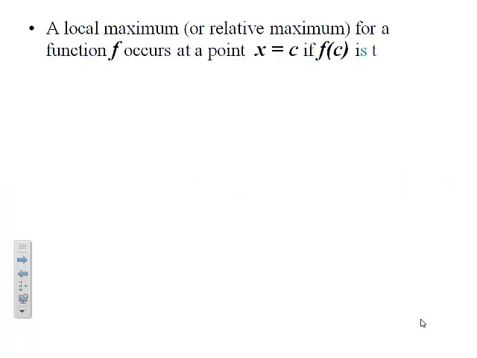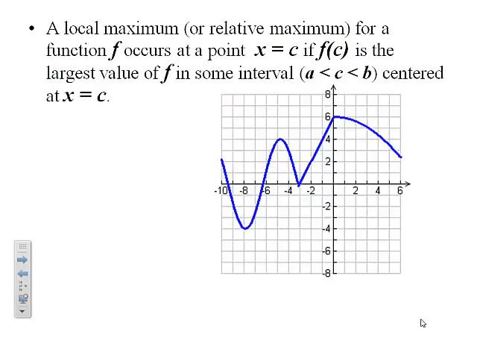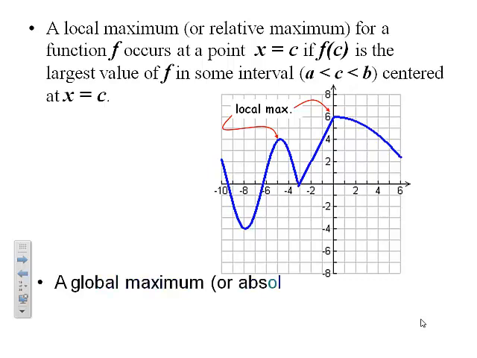Now, a local maximum, this is where we start tying these critical numbers together with maximums and minimums. Local maximums occur at a point x equals c if f of c is the largest value of f in some interval centered at that value. In other words, if it is the highest value of f of c within some interval.